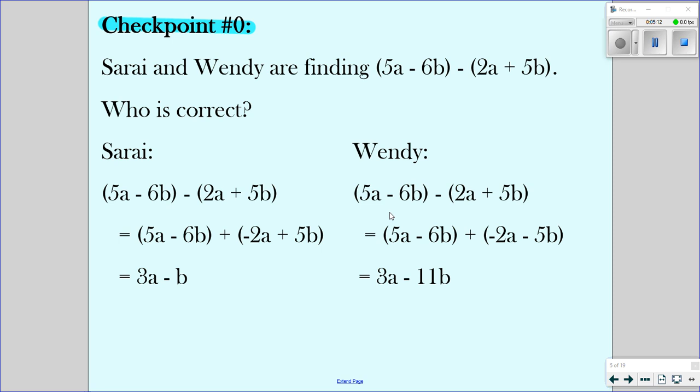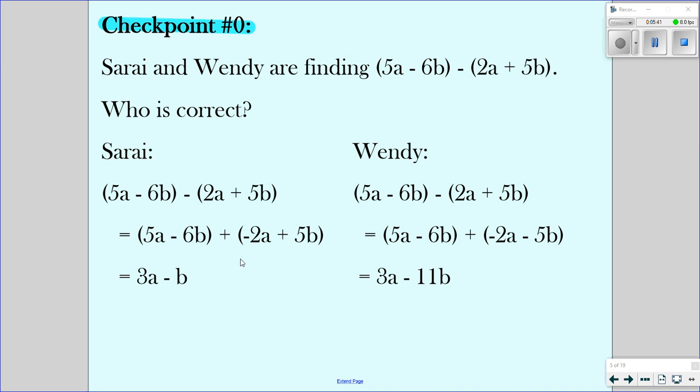So let's look at Sarai's work. She brought down the first polynomial, and there was a negative there, it was being subtracted, but then she had a positive. She distributed, so I got negative 2a, but then the 5b is still positive, so she forgot to distribute that.